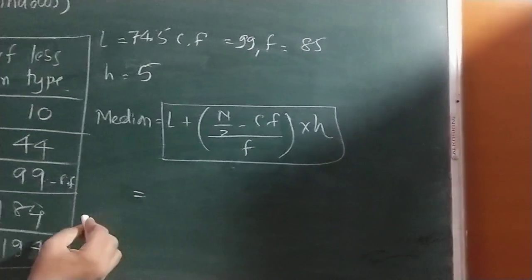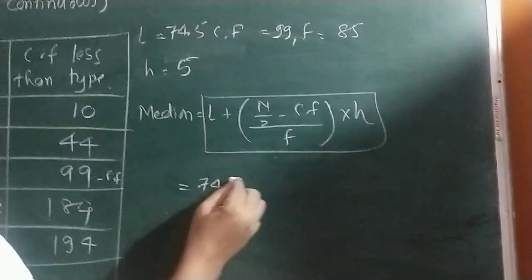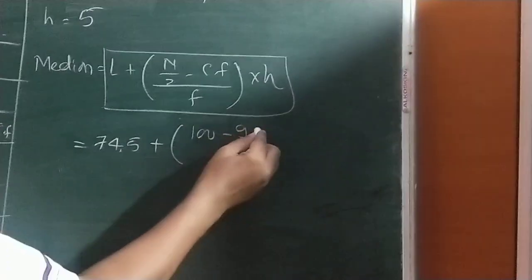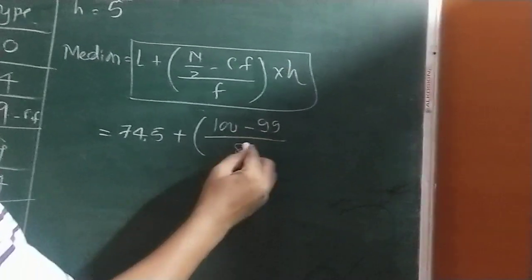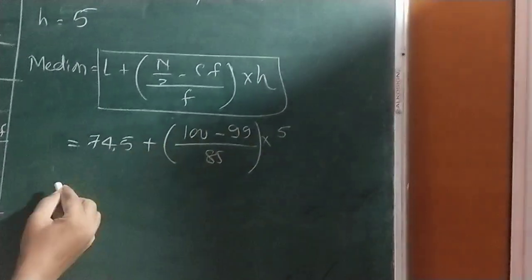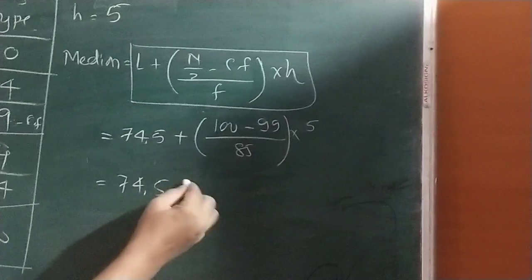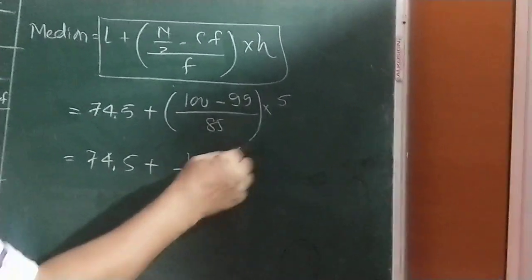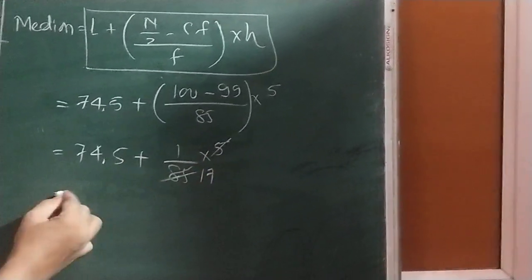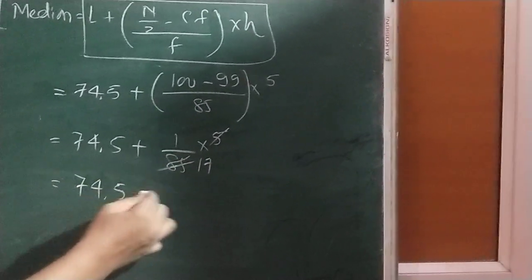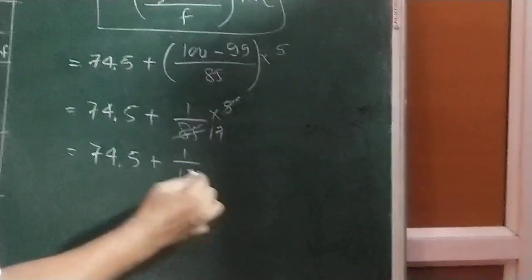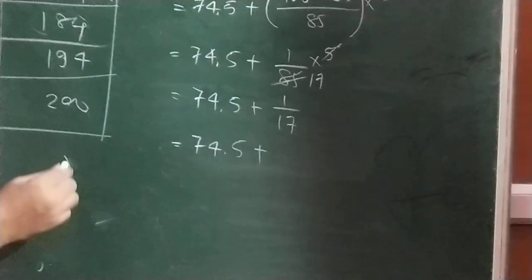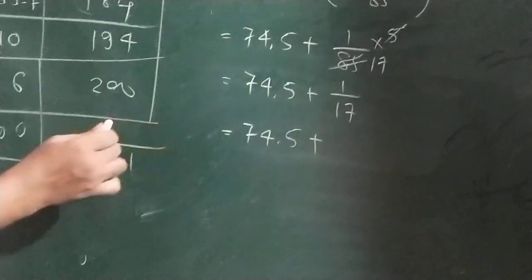Now put the values. L is 74.5, n upon 2 is 100, CF 99, frequency 85 into 5. So 74.5 plus 1 upon 85 into 5. The 5 cancels, 17 fives are 85. So 1 upon 17. 1 upon 17, 1 here, 17, so not possible.